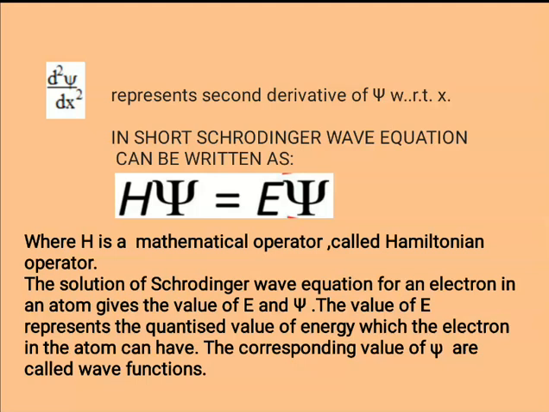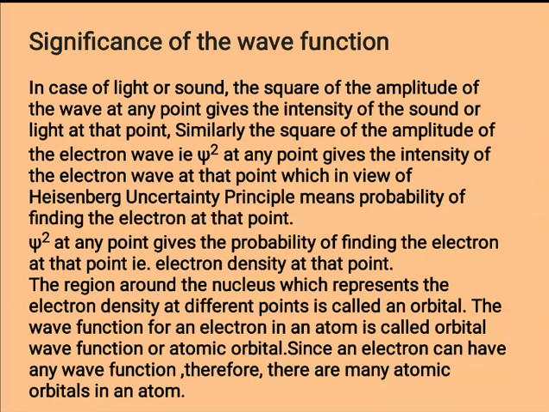And the solution of this Schrödinger wave equation for an electron in an atom gives two things. Number one, E, energy. Number two, psi, that is amplitude. So value of E represents the quantized value of energy which the electron in an atom can have, and the corresponding values of psi are called wave functions.